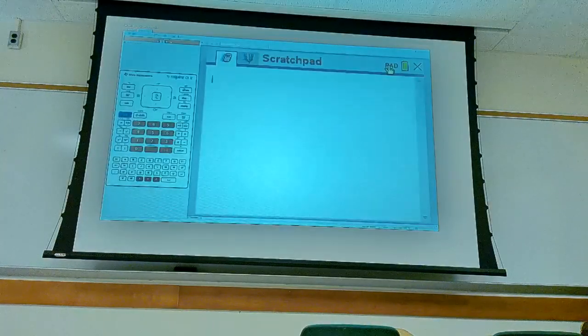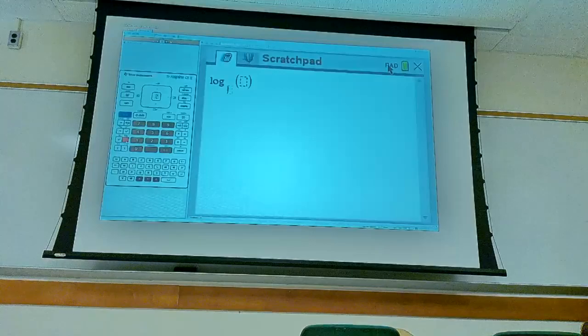So obviously we just have ln there. That's obvious. So I have log here. And on the TI Inspire, if I click log, it's going to give me an option for a base. I can just leave it blank, I believe, and it should just assume base 10.